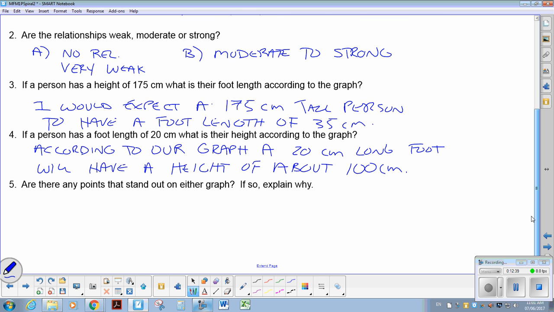All right. And the final question for the note, are there any points that stand out on either graph? Yes, the Hulk. He definitely is an outlier for our graph. He is a mutant superhero.